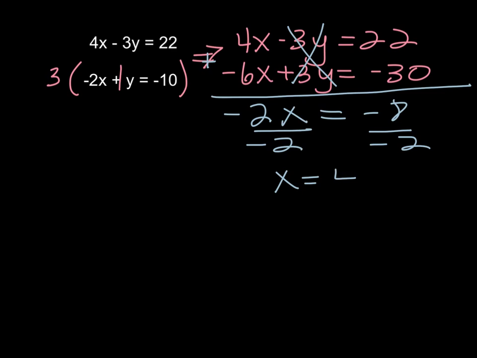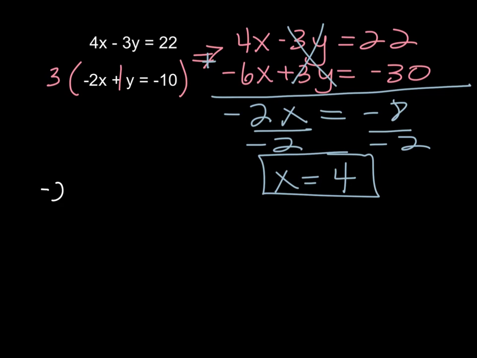So in this case, we'll get x equals 4. Remember though that you're not done. You have to plug that x equals 4 into one of those equations. Doesn't matter, you could pick one of the original ones over here, or you could pick the new one. I'm going to pick that bottom equation.